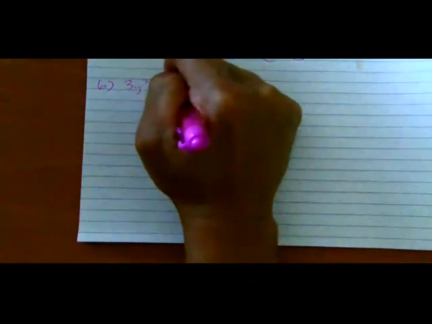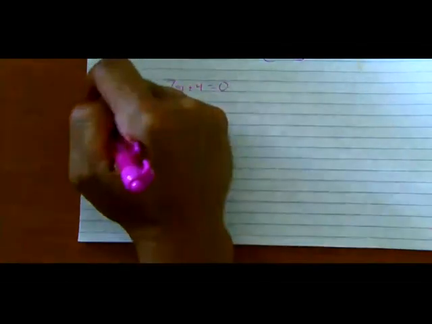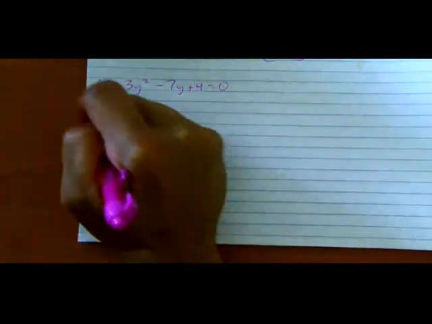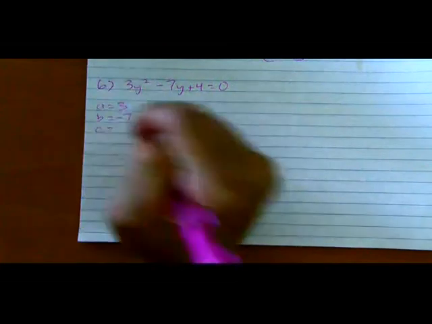Number 6. 3y squared minus 7y plus 4 equals 0. A is 3, B is negative 7, C is 4.